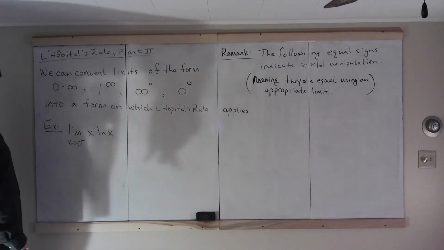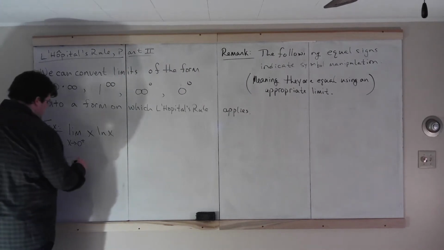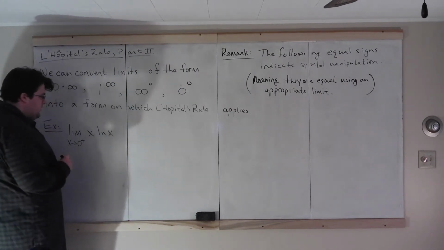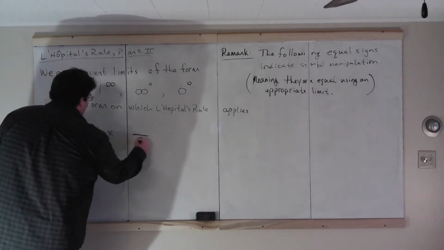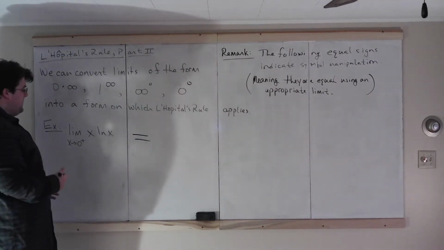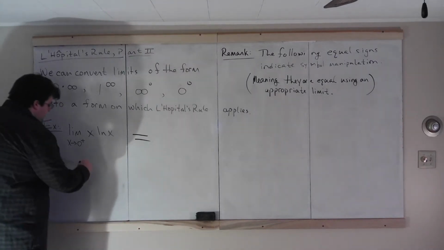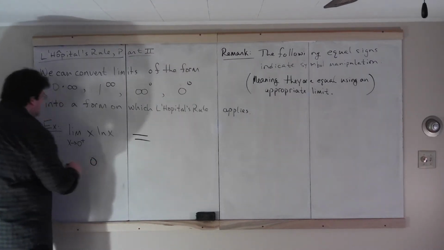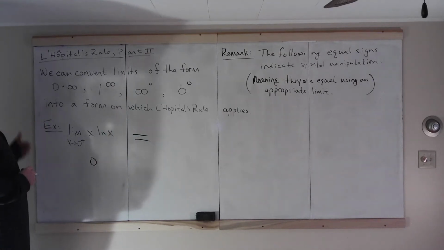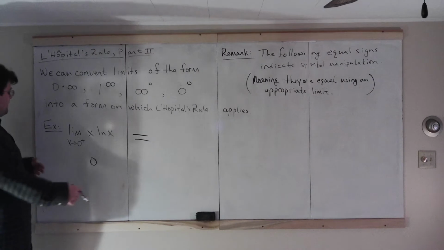So this limit right here, if you do a direct substitution, you'll notice, where should I write this? Let's see. So I'm going to go across the board to do this example. But down here, I'll write what happens on direct substitution. Now this first one, 0 times infinity. Infinity could be positive or negative.